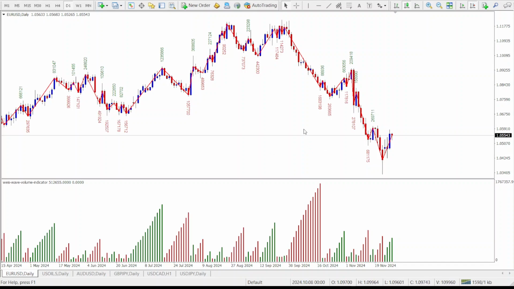Basically, when the indicator's wave dips, it signifies a buying opportunity.